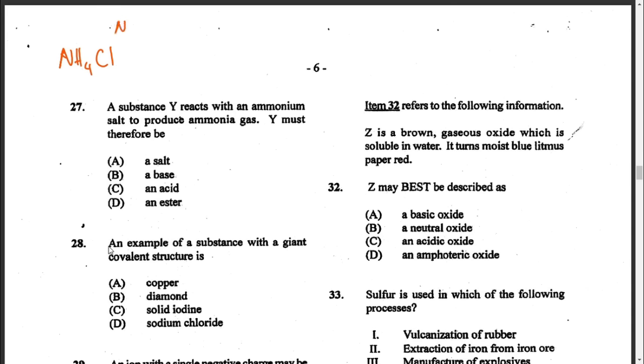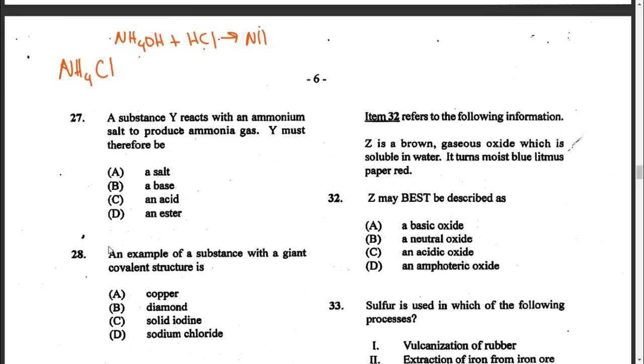The weak base, ammonium hydroxide, plus HCl, a strong acid, produces ammonium chloride and water. So because of the strength of the acid relative to the base, the salt becomes acidic.